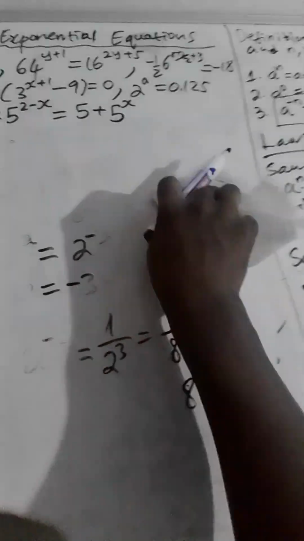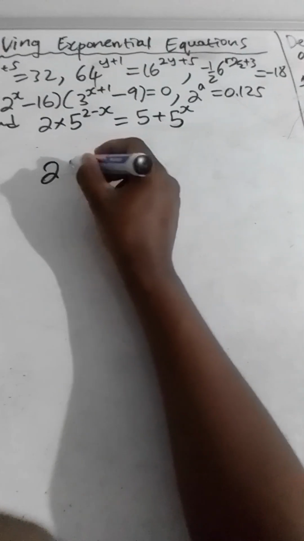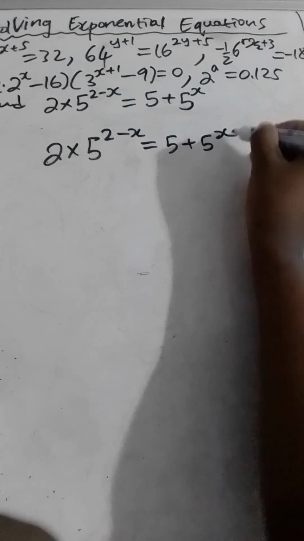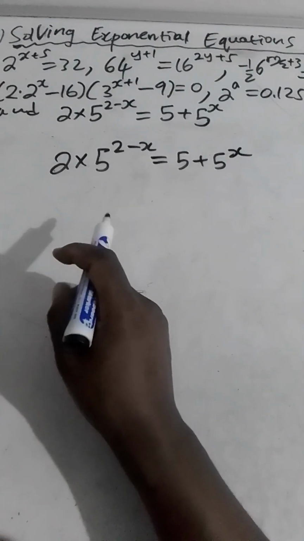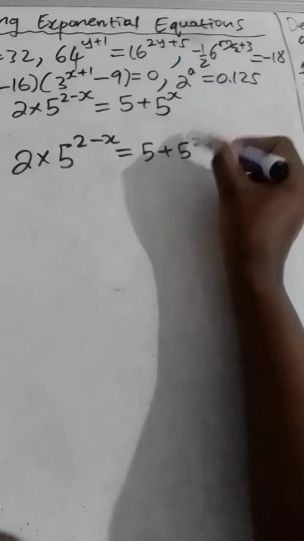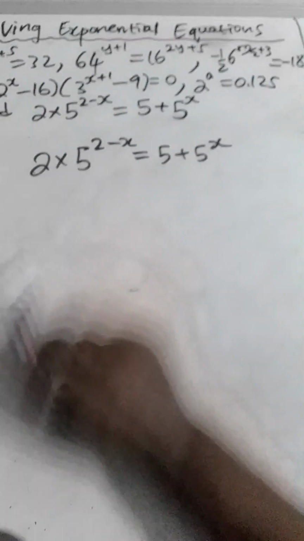All right, let's go to the last one. On the last one, we have 2 times 5 to the exponent 2 minus x is equal to 5 plus 5 to the exponent x. Now, in order for us to solve this one, we note that this exponent is positive, this one is negative.